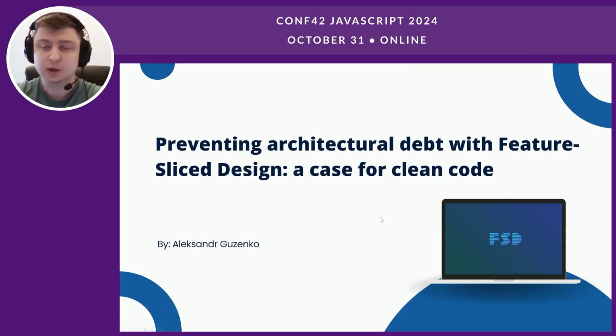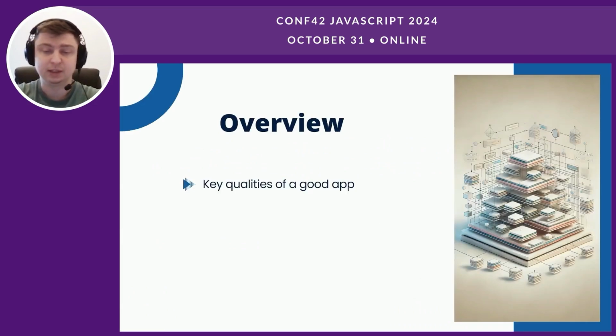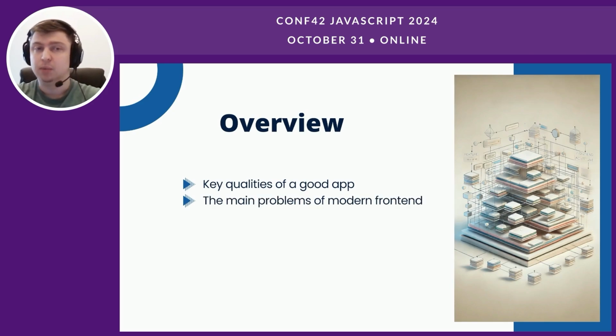Today, we're going to cover such topics as key qualities of a good application, and what the difference is between good applications and bad ones. Then we're going to talk about problems of modern front-end and why we can't just write only good applications, maintainable and scalable applications.